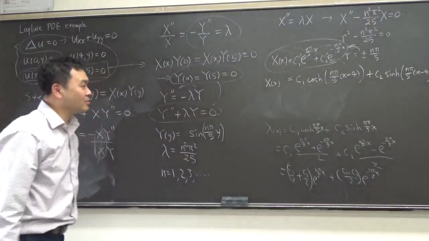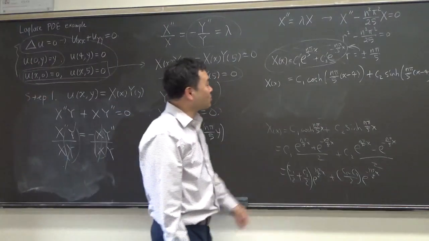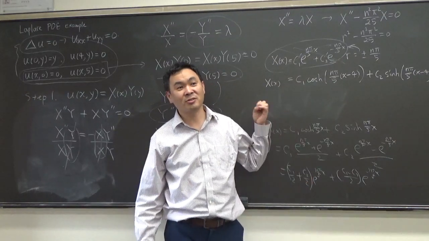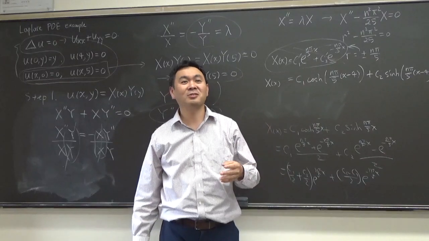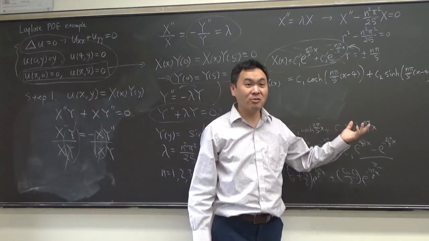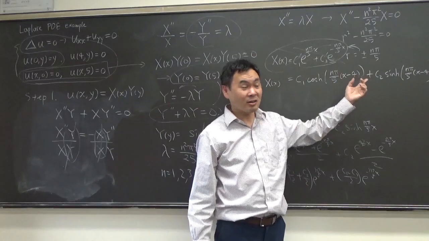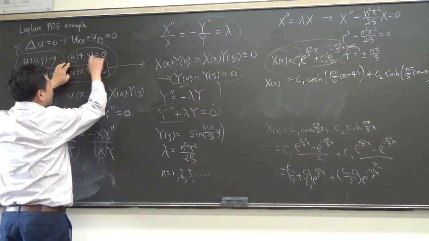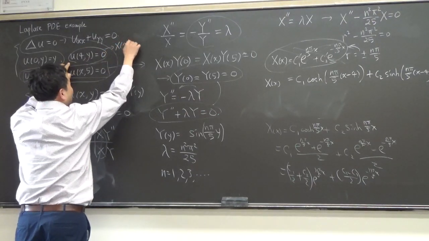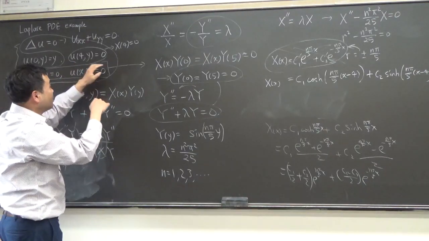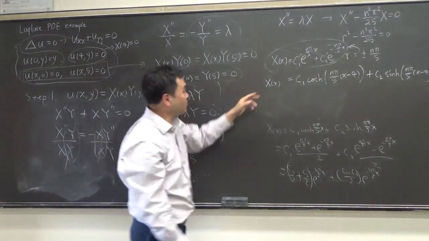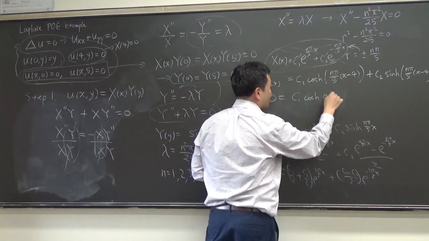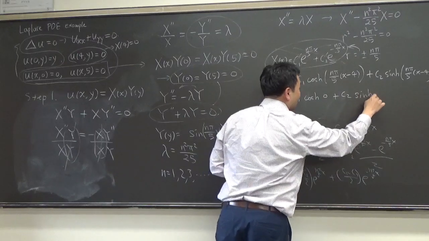We want to write it like this because if you plug in 4, what's cosh of 0? We did that last time, right? Cosh of 0 is? 0. No. 1. Yeah. And sinh of 0 is 0, right? So, just like from the same argument as before, this condition is going to say that X of 4 has to be 0 because Y of y can't be 0. So if X of 4 is 0, you plug in 4 and you get 0 on the left side, whereas on the right side you get c1 times cosh of 0 plus c2 times sinh of 0.